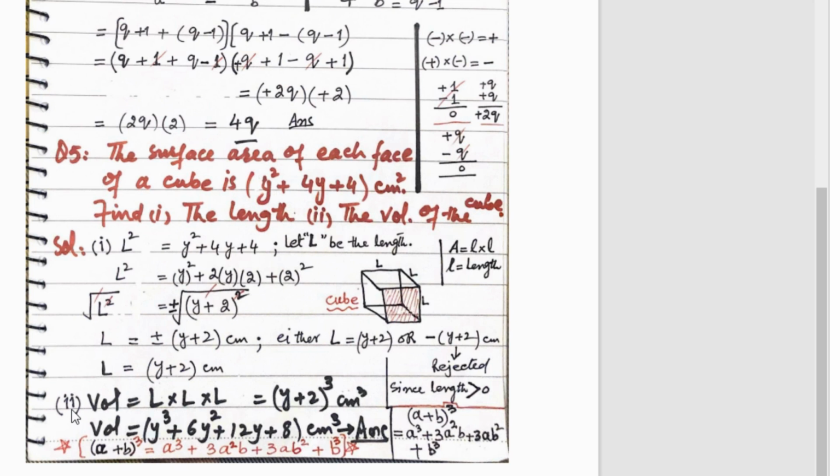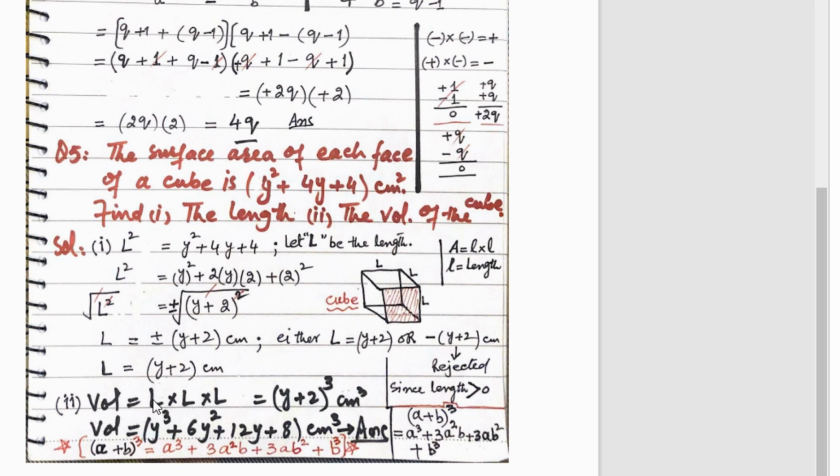What is the answer of the second part? Number 2, volume. Volume of a cube is equal to length multiplied by length multiplied by length, actually length multiplied by height multiplied by breadth. But in a cube all the lengths are the same, so we write down volume as L cube.